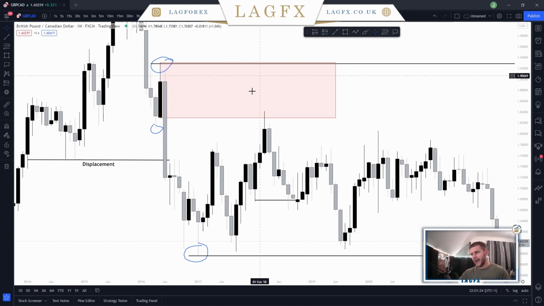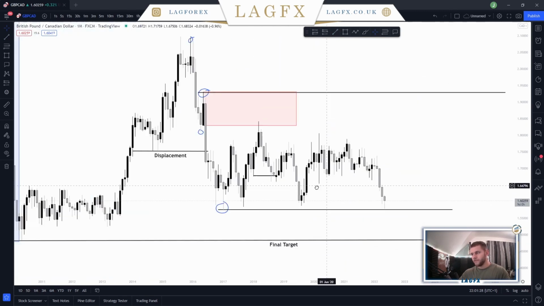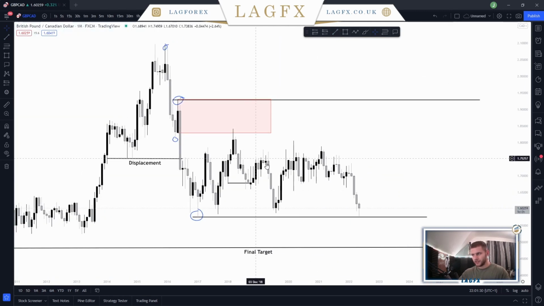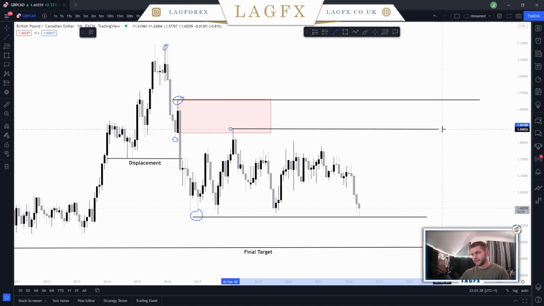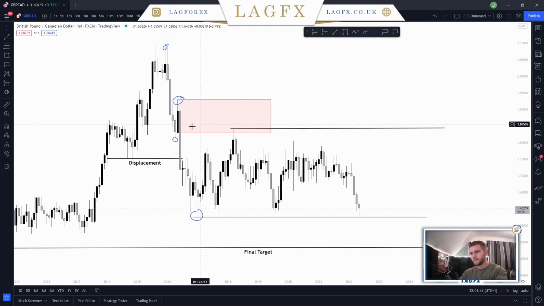So we understand that after the tap and mitigation into this zone, we've then shown our desire to start running lower. So I understand now that arguably I would actually want this to be a protected high, because there's absolutely no reason now for price to trade higher than this, because we've already mitigated what needed mitigating.